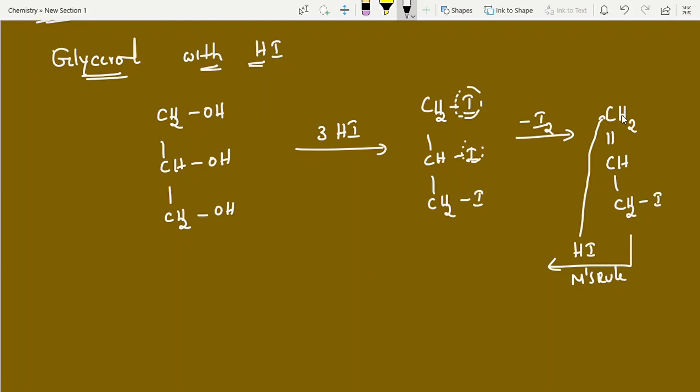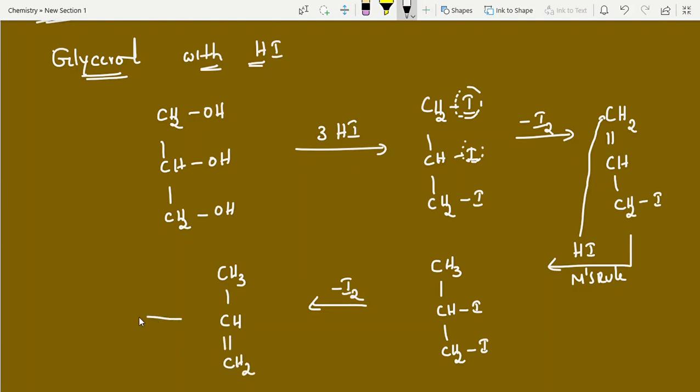So finally what you will get here is CH3, CHI, CH2I. Again 2 iodines have come out, so now this is highly unstable. Again we can remove iodine, and then we get CH3, CH double bond CH2.